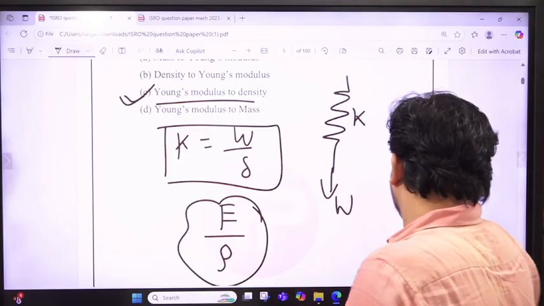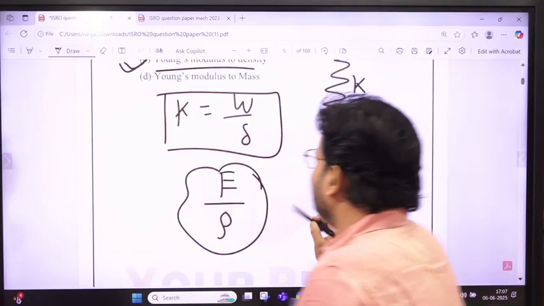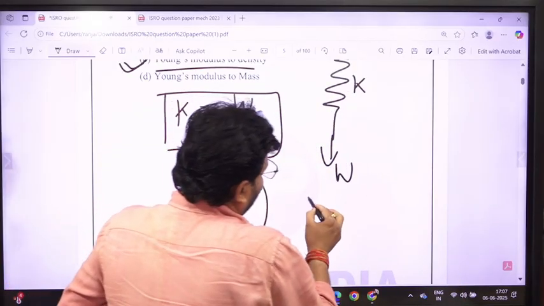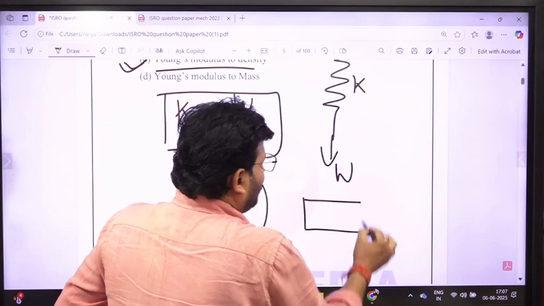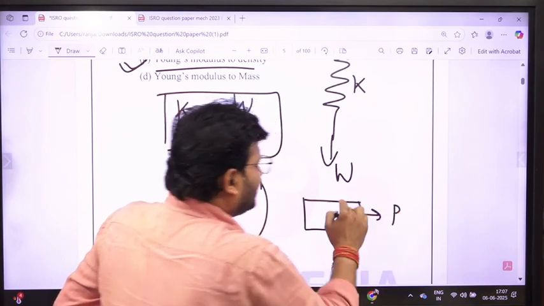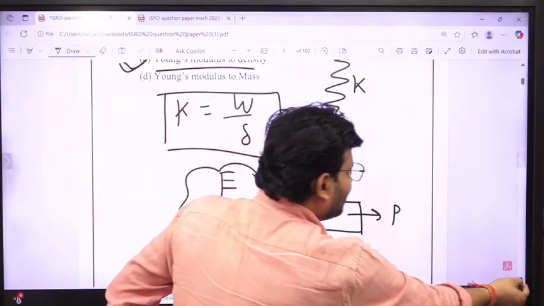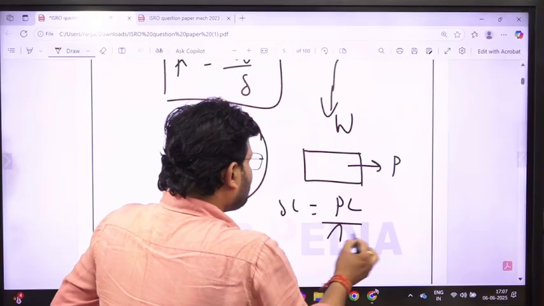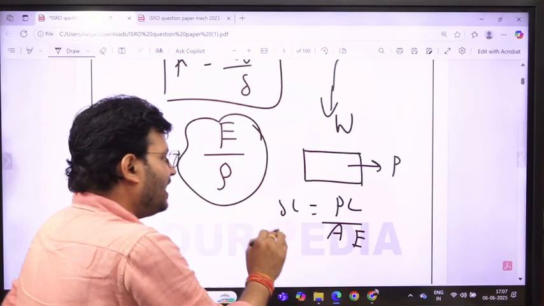Even, my dear friends, you can correlate one thing. Why is it called a stiffness? Suppose that is one of the objects, and you are going to apply the load P, and this is a prismatic bar, the load is axial. So what will be the change in length? We can say, sir, PL upon AE, this is the change in length.